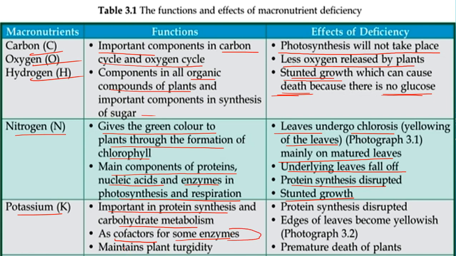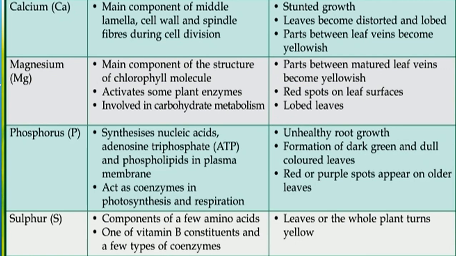Potassium is also important to maintain turgidity in plants, kesegahan dalam tumbuhan. Kekurangan potassium: protein synthesis disrupted, edges of leaves become yellowish, hujung-hujung daun menjadi kekuningan. And also premature death of plants, maksudnya belum lagi matang, belum lagi tua, tumbuhan sudah mati. Kita sambung seterusnya. Calcium.